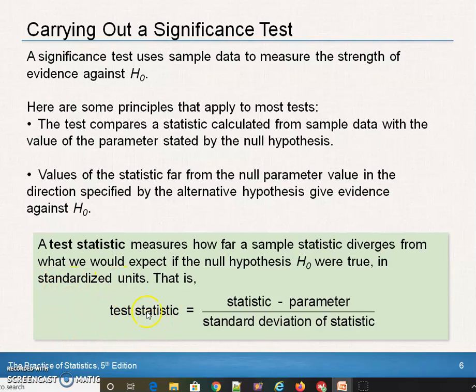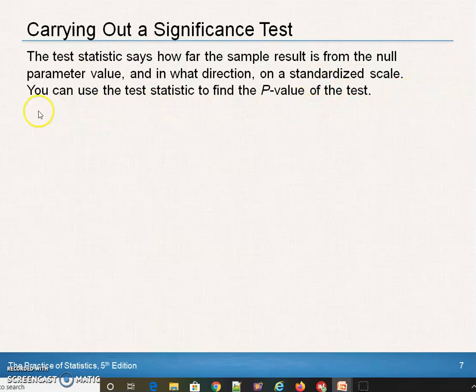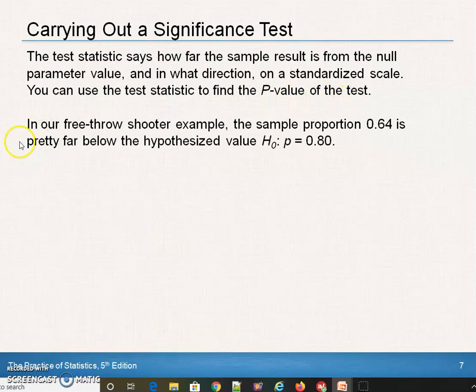It looks familiar, the z-score rather. The statistic minus the parameter over the standard deviation. So this would be the statistic, which is our p-hat, minus the parameter p, over the standard deviation, that's sigma. It says how far the sample is from the null parameter value, and in what direction, on a standardized scale. You can use the test statistic to find the p-value. We'll look at that in a second.